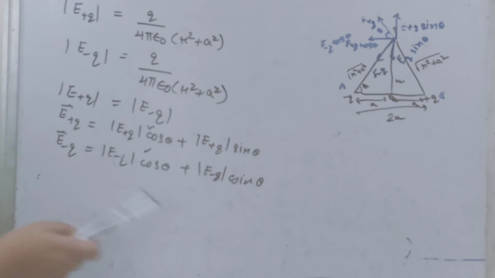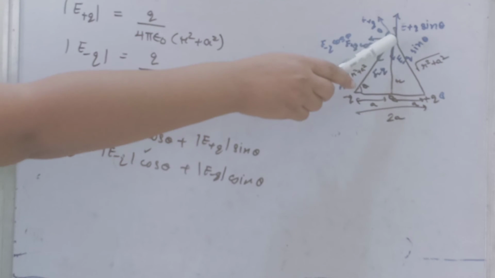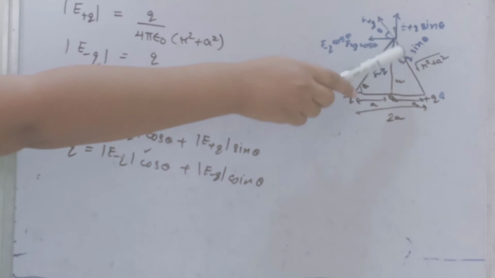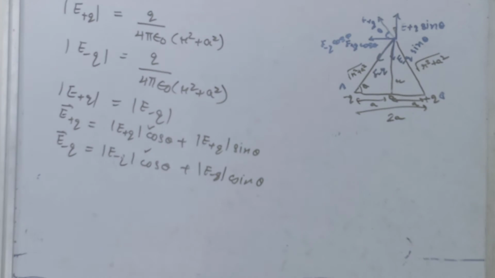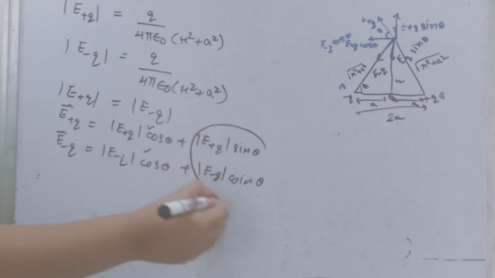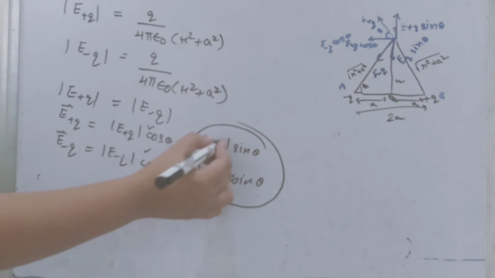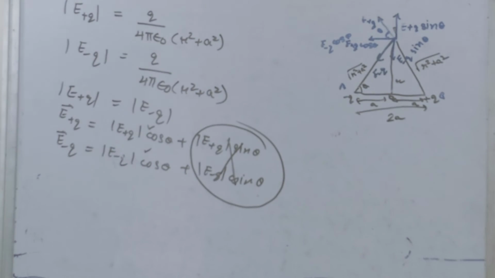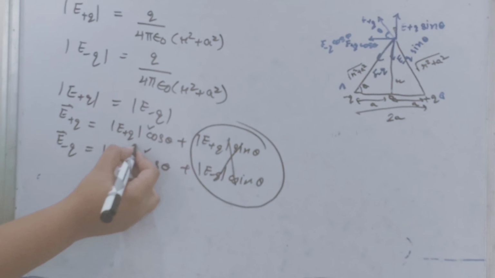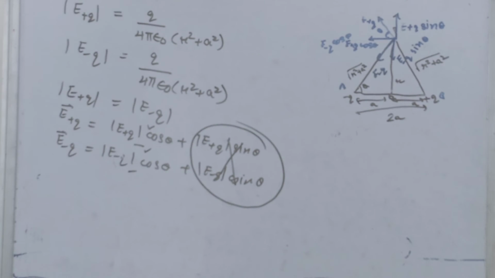But what about the sin theta component? Now this sin theta is in the opposite direction for both the cases. So this portion will get cancelled out because magnitude is equal and they are pointing towards the opposite direction. So these both will get cancelled and the final equatorial electric field will consist only of cos theta components.